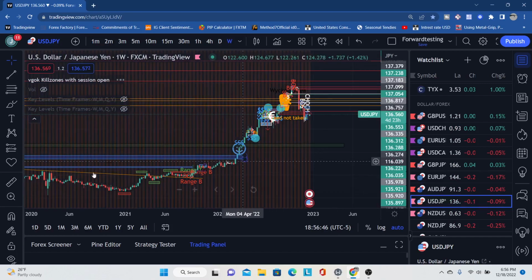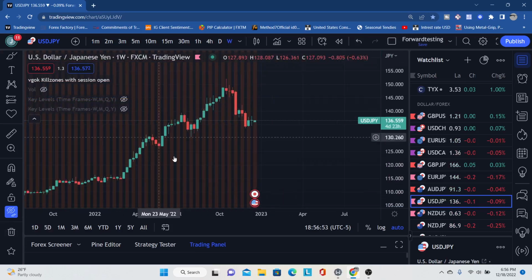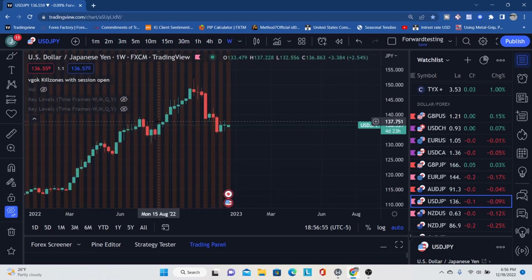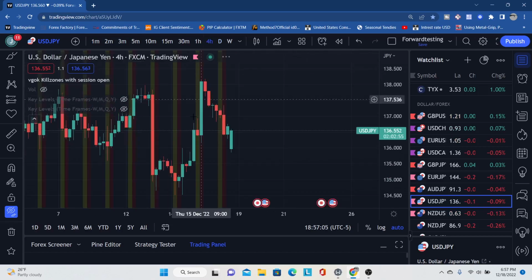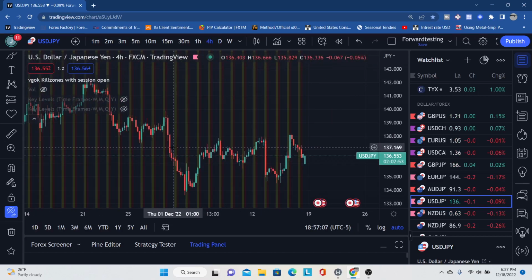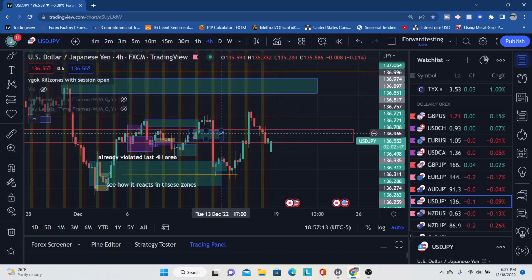So this is UJ, which we talked about earlier, was coming into monthly demand. Here's weekly demand. It's reacting off of rather somewhat strongly. We do not have a daily reversal signal, but we have a 4-hour reversal signal, and it seems to be kind of accumulating down here.